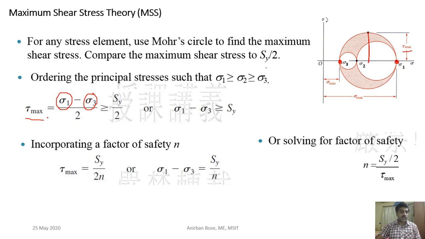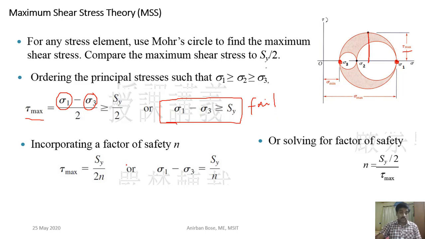According to this failure theory, if sigma 1 minus sigma 3 by 2 equals Sy by 2, then the material or component will start yielding. For failure, this value must be greater than or equal to Sy, so this is the condition when the material fails.